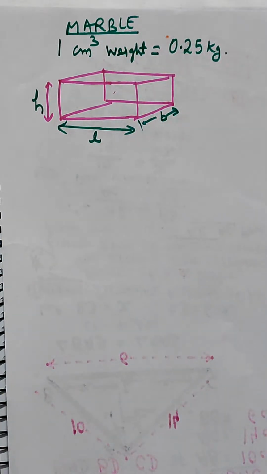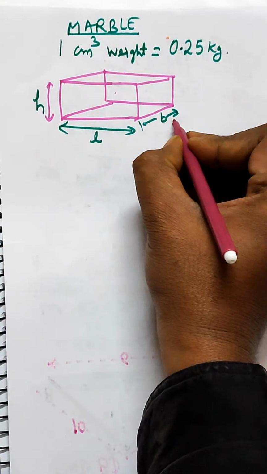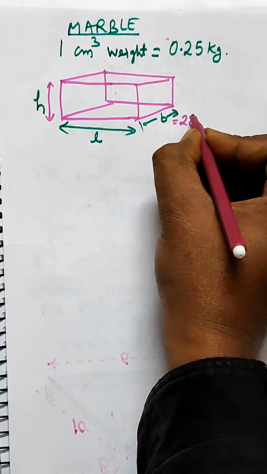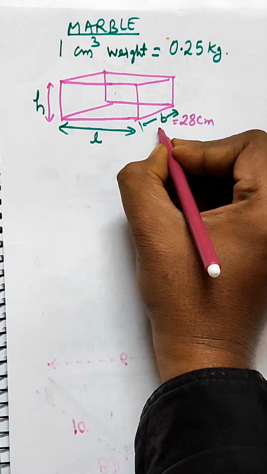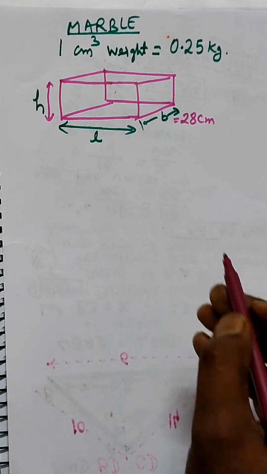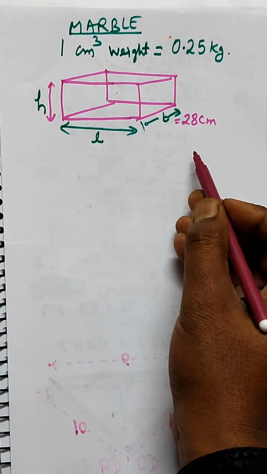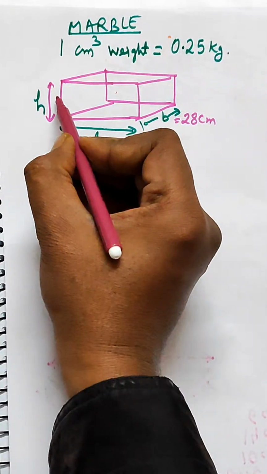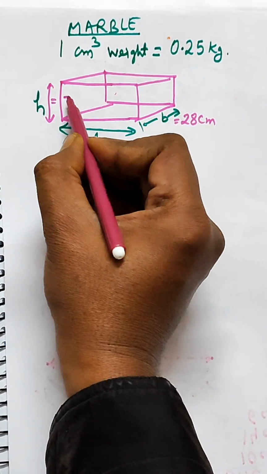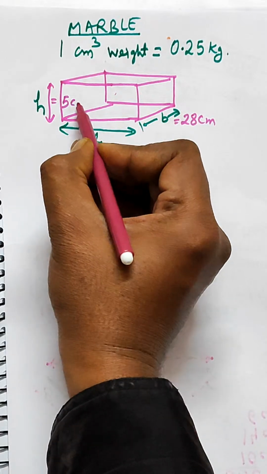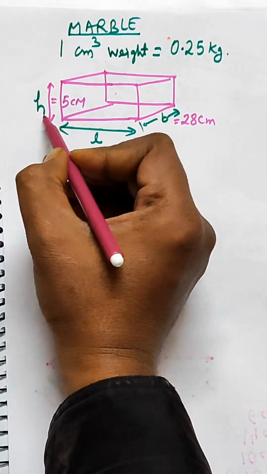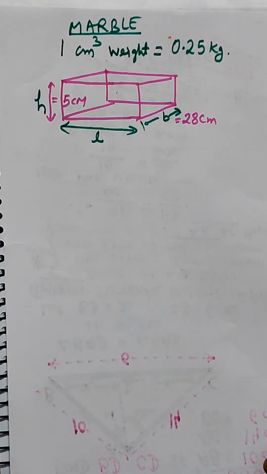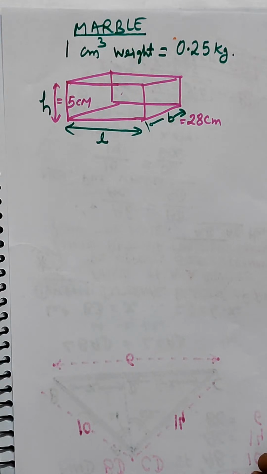So this is given as 28 centimeter, b equal to 28 centimeter, and 5 centimeter thick. This is 5 cm. That is the height, right? Now we have to calculate the length of the block.